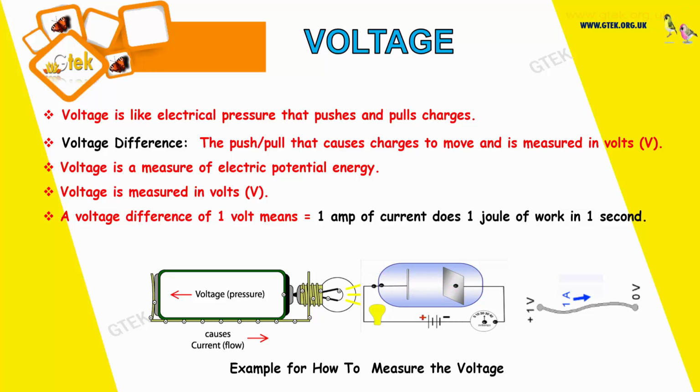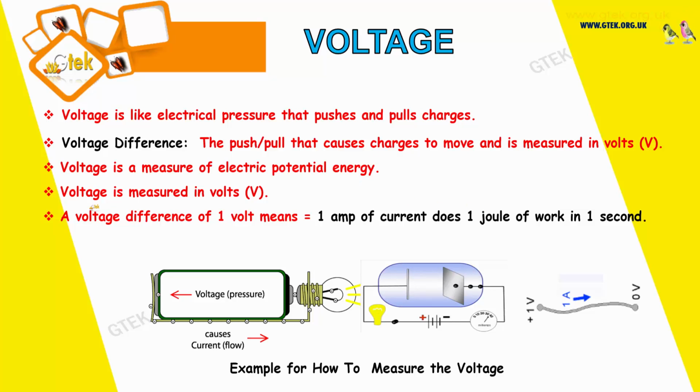Let's talk about voltage. Voltage is like electrical pressure that pushes and pulls charge. Voltage difference is nothing but the push-pull that causes charges to move, and it is measured in volts, which is represented as V. Voltage is a measure of electric potential energy.